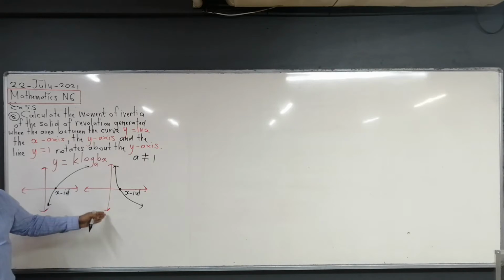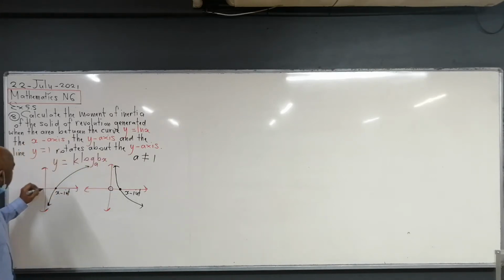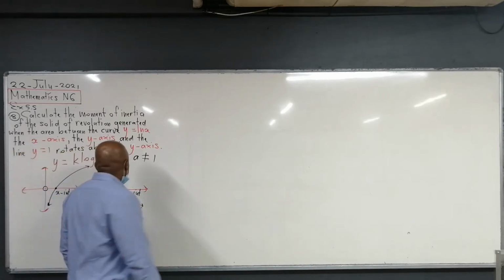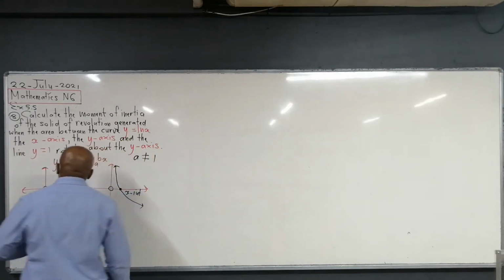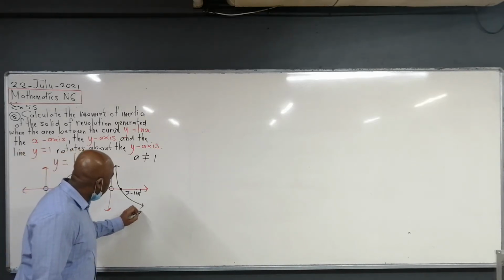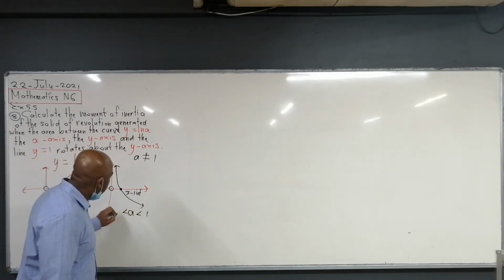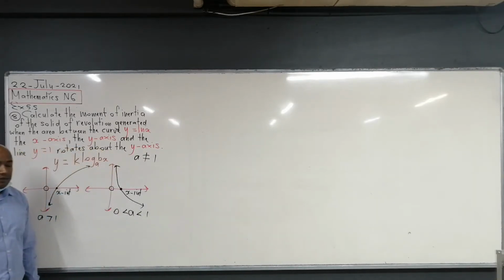The graph is undefined at x is equal to 0. But if your base is greater than 1, then your graph will be increasing. If your base is in between 0 and 1, then it will be decreasing. That's what you need to take note of here.